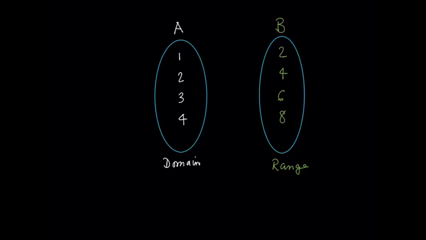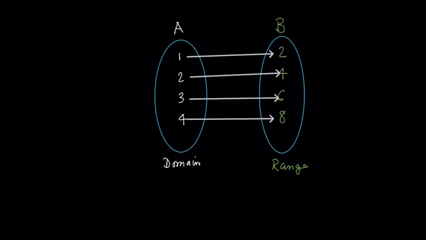Our mapping diagram then is simply a diagram which illustrates how these values in the domain map onto the range. So 1 maps onto 2, 2 maps onto 4, 3 maps onto 6, 4 maps onto 8, under the operation f of x maps onto 2x.